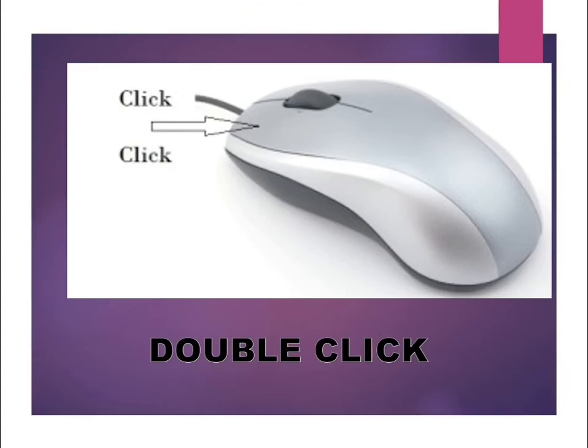The function of double click is to open a particular file. Supposing I have an icon on my desktop, a single click on the MS Word icon is going to select it. A double click on that icon will very quickly open it for me to use. So I hope single click, right click and double click are clear to everyone.